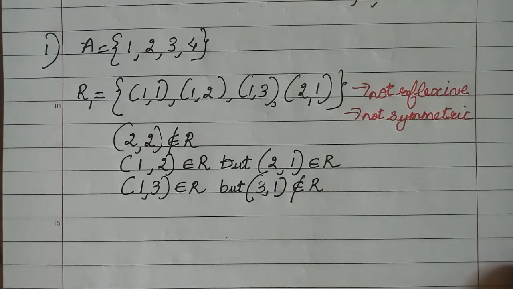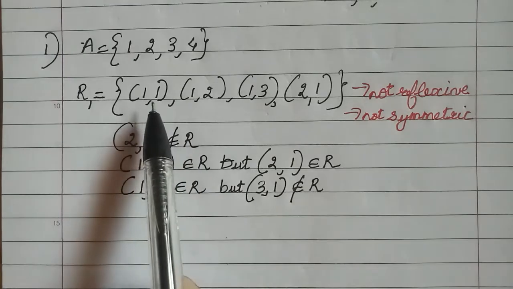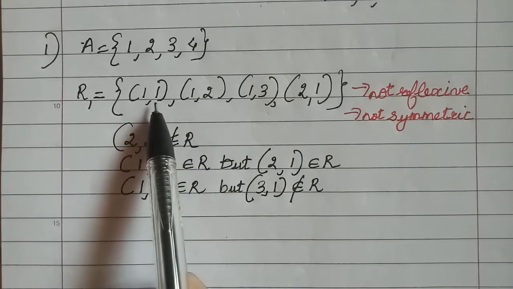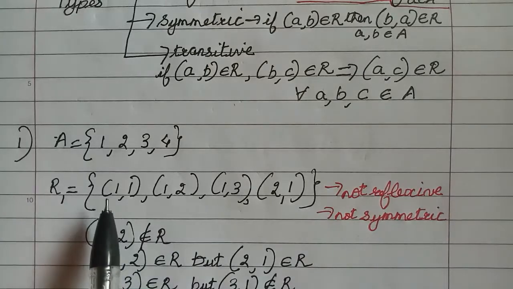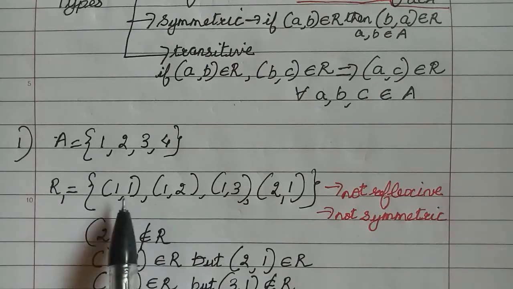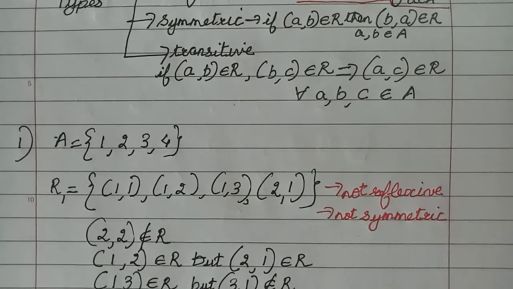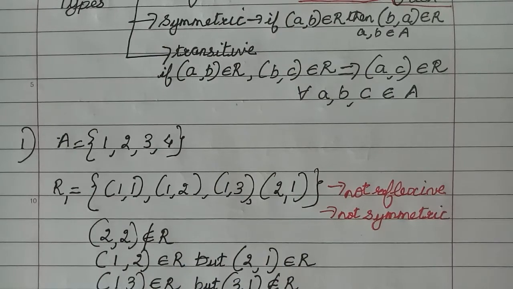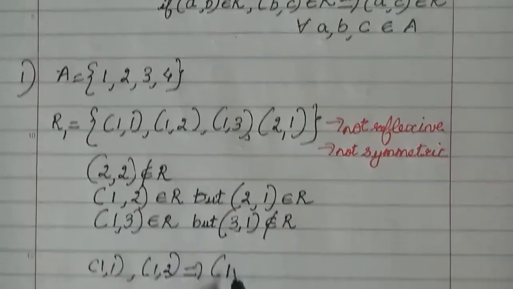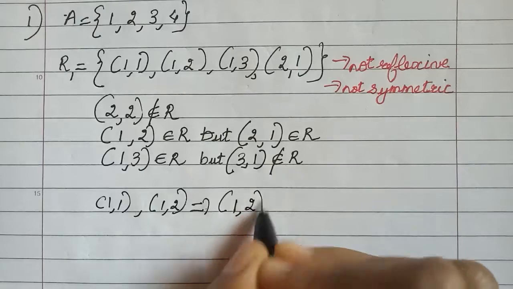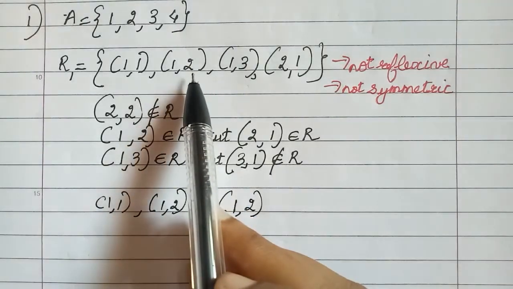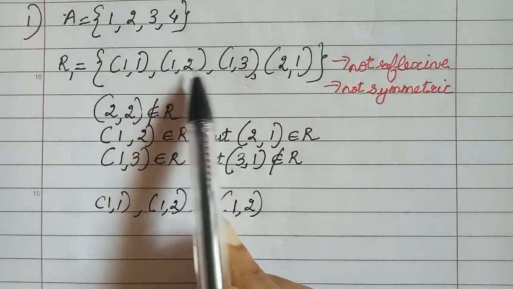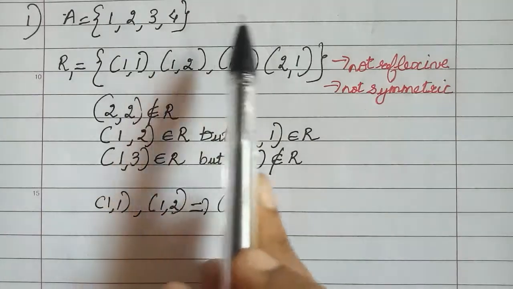Here children, if I take (1,1) and (1,2), it is of the type (A,B) and (B,C). If I combine them, I am going to get (1,2), and you can see it is here. Similarly, if I take (1,2) and (2,1), 2 is common, so again (1,1) is there.